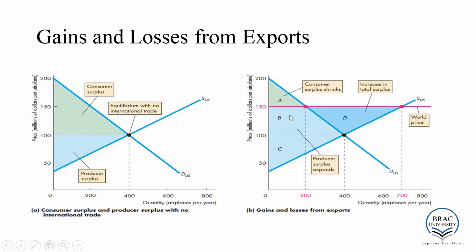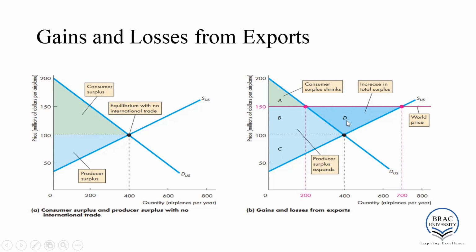Okay, and now if we compare with the total surplus of the scenario when there is trade to the scenario when there is no trade, we can see whether we have gained or lost from this export. Okay, so if we calculate the area, we can find out that this is the net gain of surplus due to the exports.